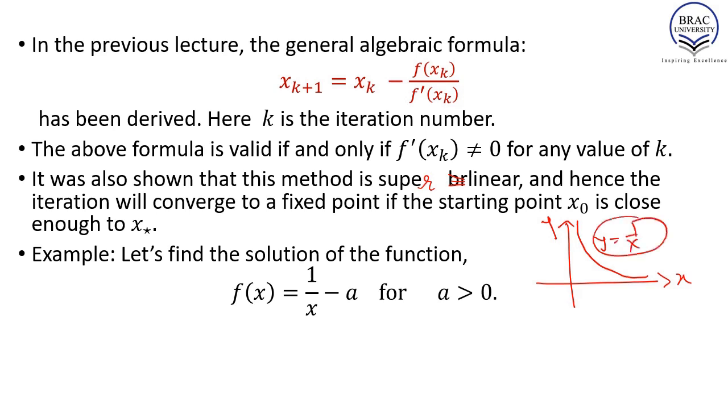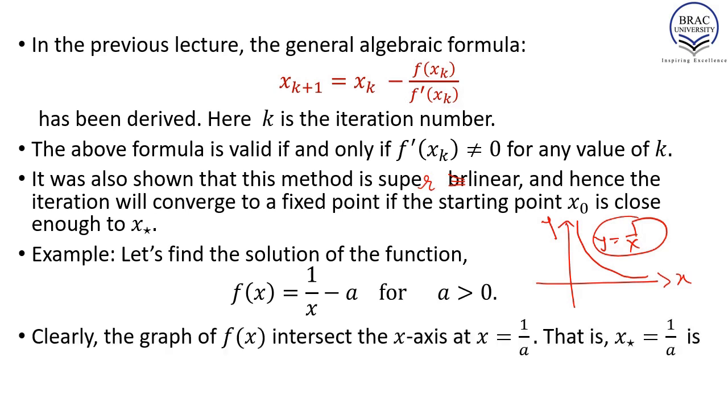That is the graph of this function. We shift this graph downward by amount a, then we get this new graph. Clearly, if we shift it down, it will cross the x-axis at x equal to 1 over a. Therefore, x star is 1 over a, and it is the root of the function f of x.